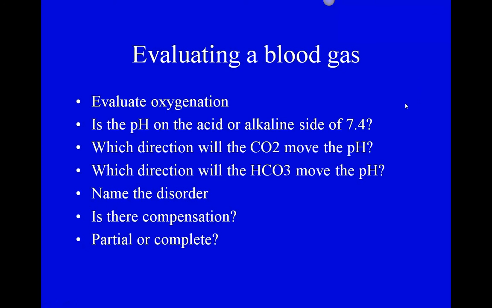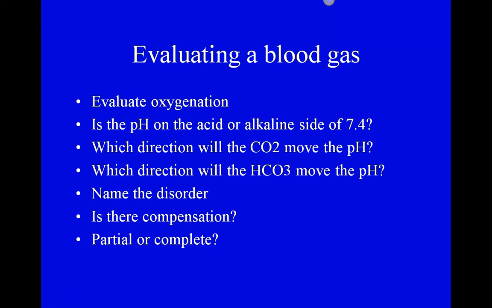So when I evaluate a blood gas, I start with the easy thing. I evaluate oxygenation first. Then I do this step next. Is the pH on the acid or alkaline side? I look at which direction the CO2 moves the pH and see if it matches that pH change. If it does, I call it a respiratory problem. I look at the bicarbonate next, and I see, if the bicarb goes up, which direction will that move the pH?